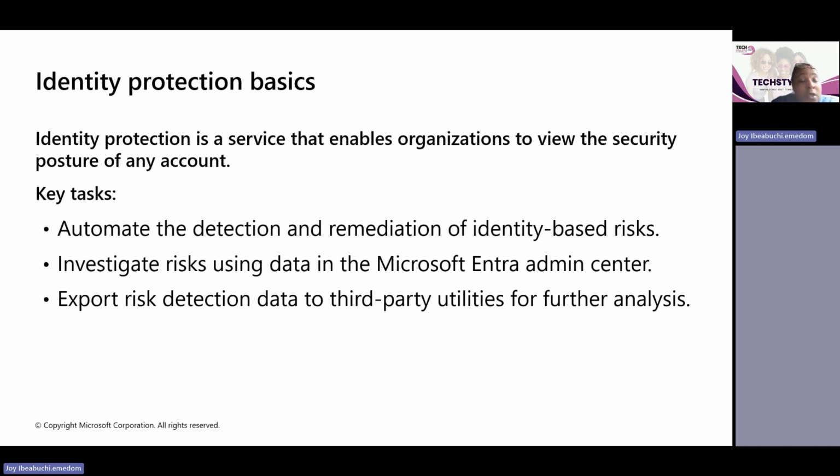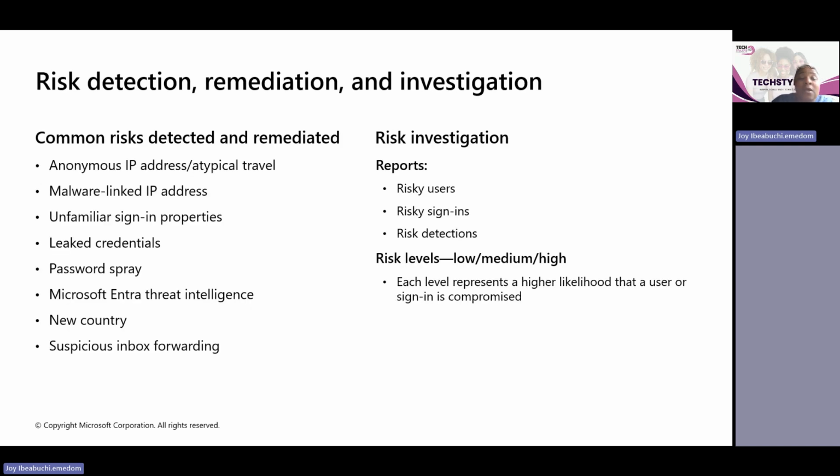And so you want to export. You also want to automate detection and remediation. It's not everything you want somebody to manually go in as a SOC analyst. You can be a SOC analyst with a lot of experience from Entra, where you understand how to interpret Entra logs, triggers and responses, and how to configure automatic detection and remediation of this identity-based risk.